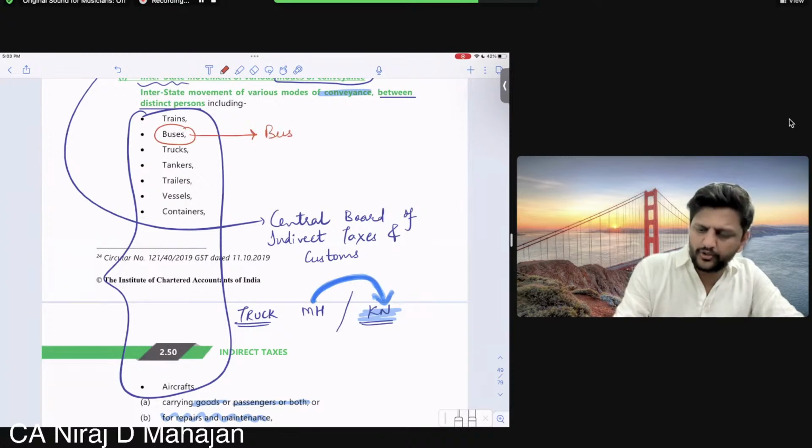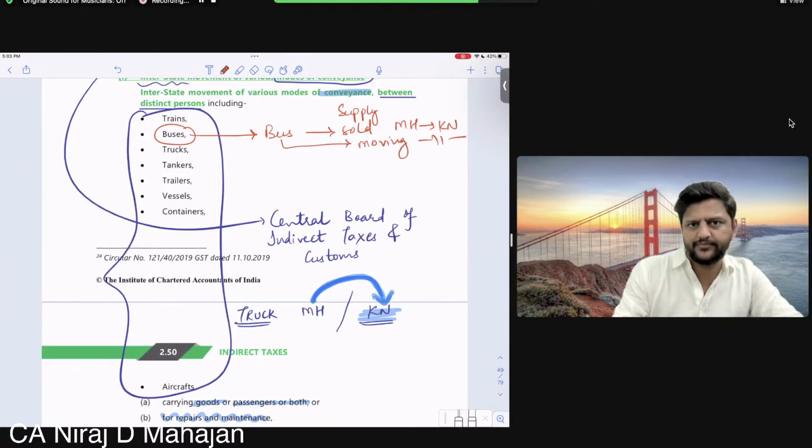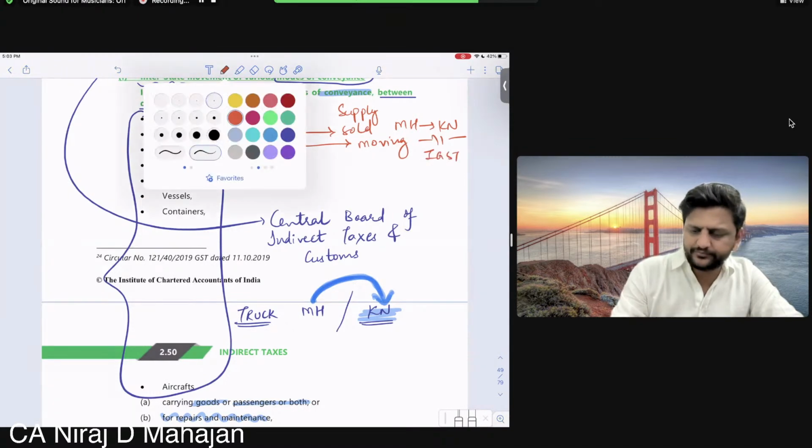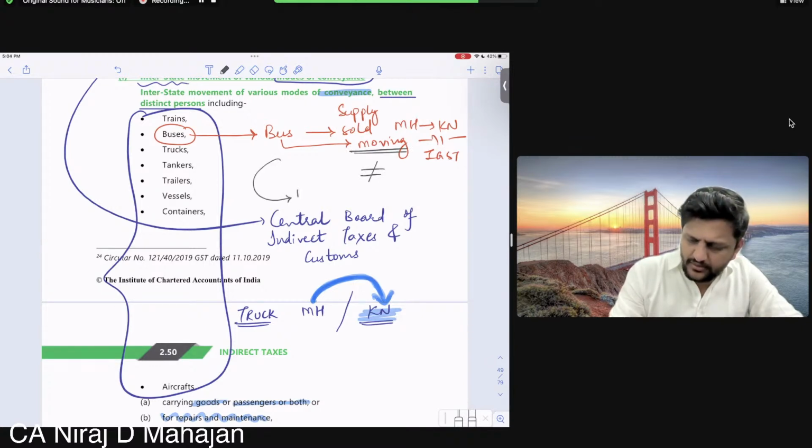A bus being sold, let us say Maharashtra to Karnataka. Is this supply? Yes. Is the bus moving from Maharashtra to Karnataka? Yes. Whether IGST will be applicable? Yes. Okay, fine. But this movement is not the same as when the bus is traveling with passengers.